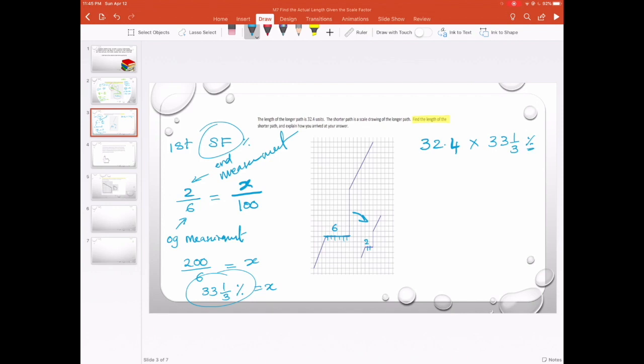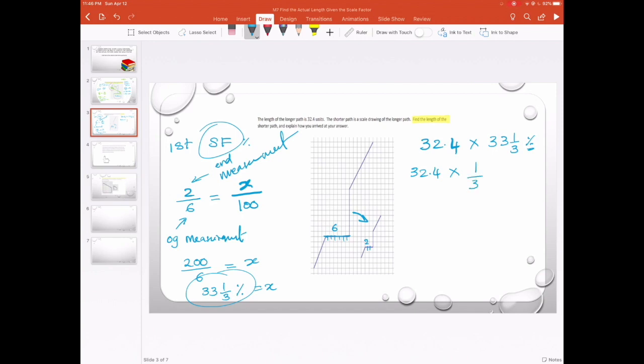I have to convert it into a fraction or a whole number or a decimal. 32 and 4/10 times 100 over 3 divided by 100 is a bit complicated. So I'm not going to multiply it by 33 and 1/3%. I'm converting that into a fraction, and if I convert 33 and 1/3% into a fraction, I'm going to get 1/3.